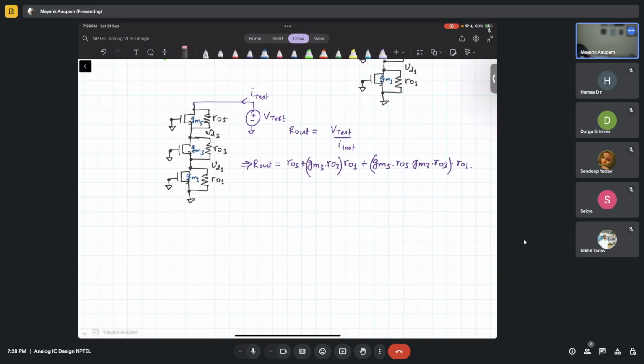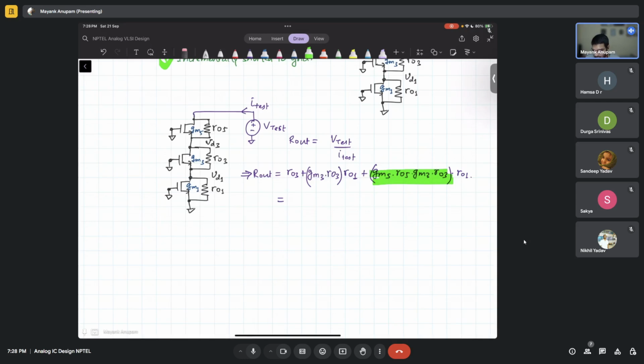Try it out. You will get something. So the term that will be dominant here will be this term. Now, if you remember, for a MOSFET which had only one layer of cascoding, if this was not present, the net output resistance was this much, right? The dominant term was this.